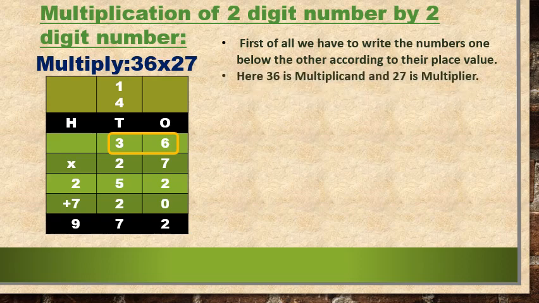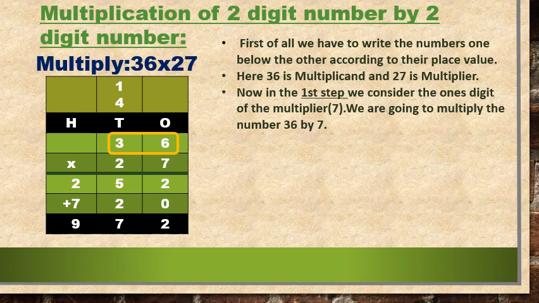Here we can see that 36 is multiplicand and 27 is multiplier. Now girls, we have already learned that the number to be multiplied is called multiplicand and the number with which we multiply is called multiplier. Understood? So here 36 is multiplicand and 27 is multiplier.